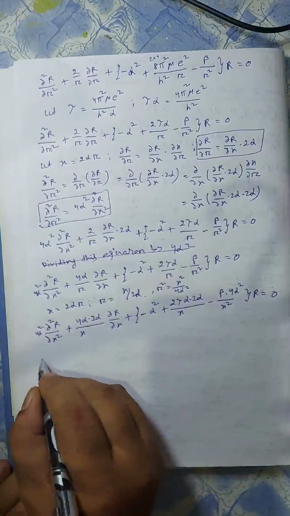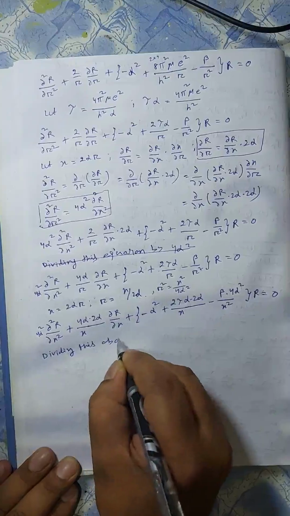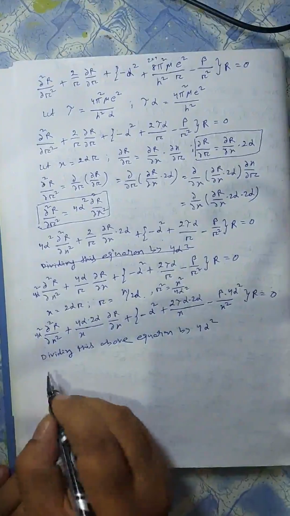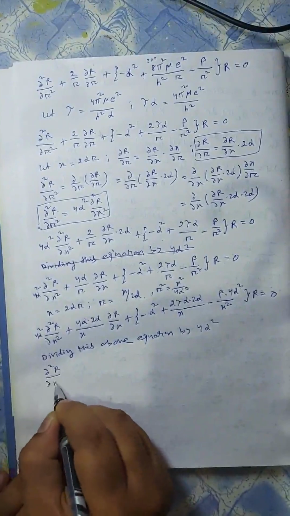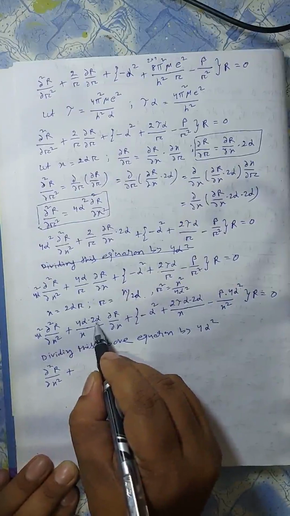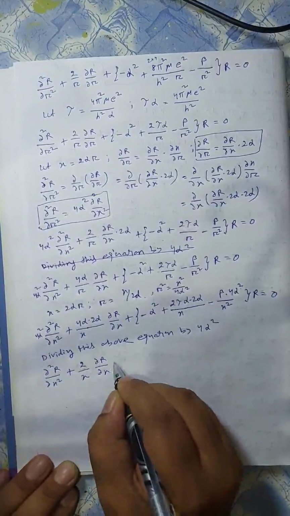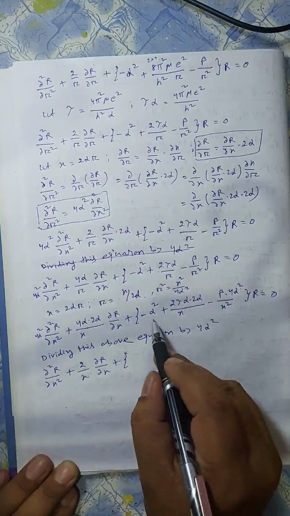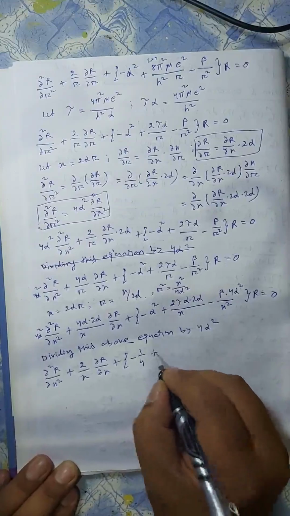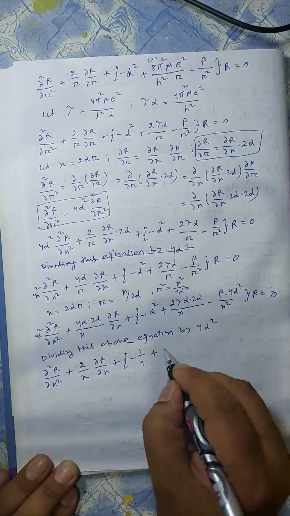Now we have to divide the equation by 4 alpha square. Dividing the above equation by 4 alpha square, this cancels, del square R by del x square plus here 4 alpha square by 4 alpha square cancels, remaining is 2 by x, del R by del x, plus bracket, alpha square cancels, remaining is minus 1 by 4, plus 2 lambda, 2 into 2, 4 alpha into alpha, 4 alpha square cancels, what is remaining?